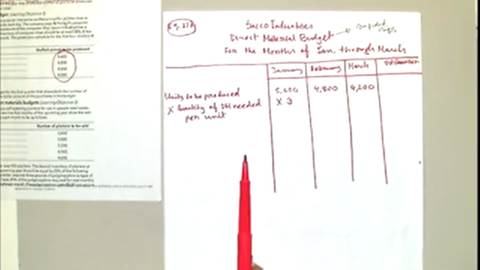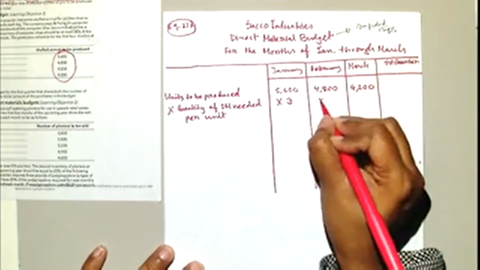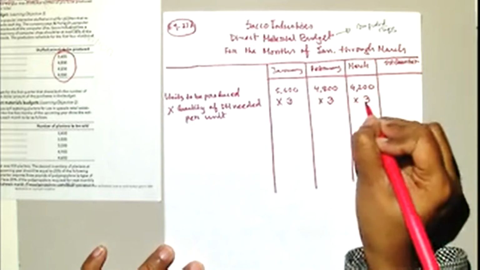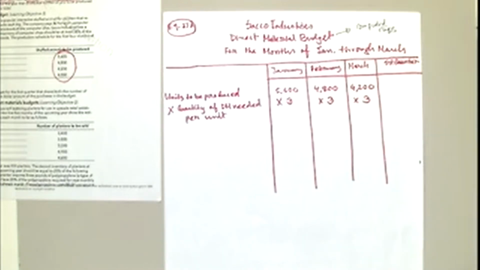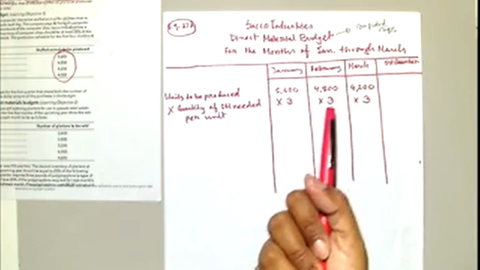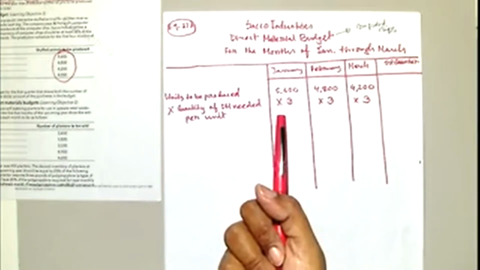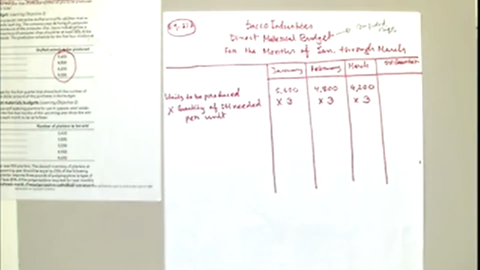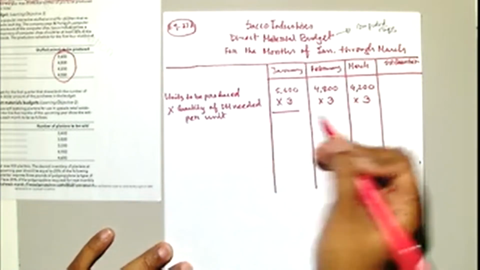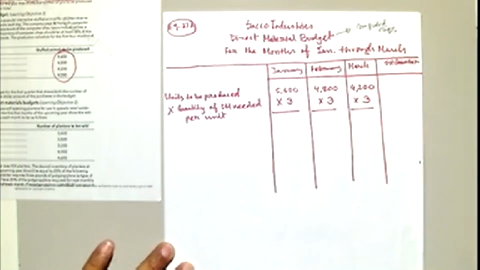So you're going to multiply, we call it quantity of direct material. DM means direct materials, or you can write computer chips. So for every month's production, we're going to multiply by 3 because the budget is for computer chips, but the numbers are toys. So for every toy, they need 3 chips. So what should be their total amount of direct materials needed for these months?